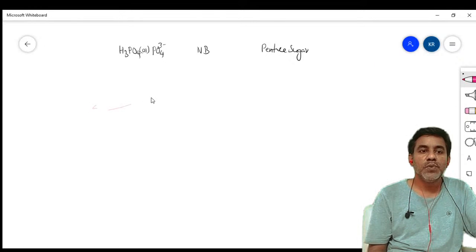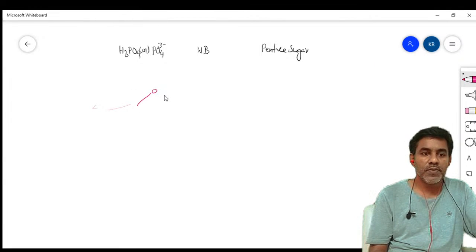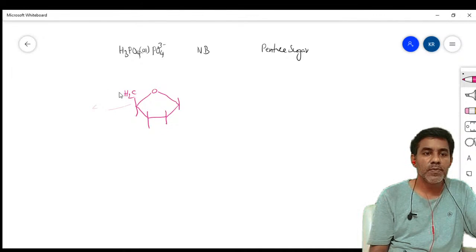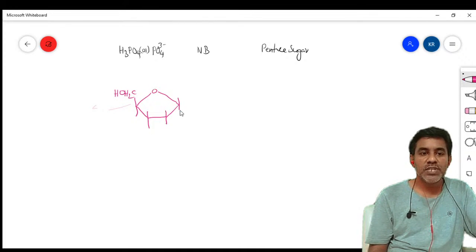So first we will take the sugar moiety. So pentose sugar moiety. So DNA means 2' deoxy, right? So this is the first prime, 2', 3', 4' and then 5' CH2OH. So at every location you will find H and OH. This one is DNA.